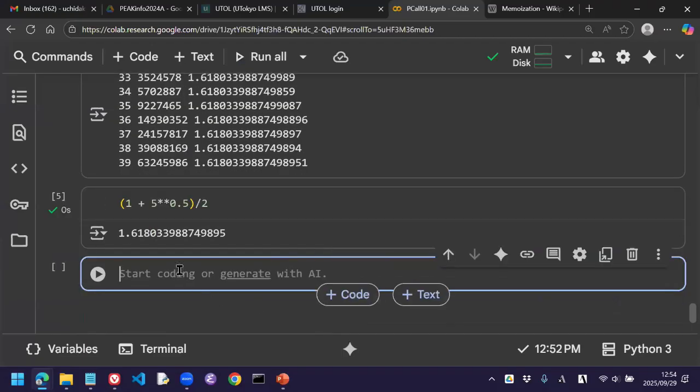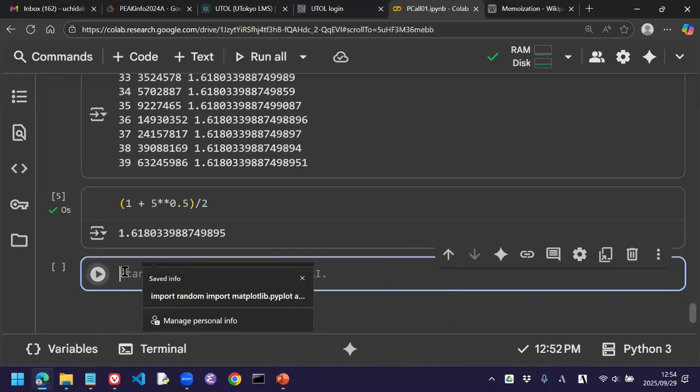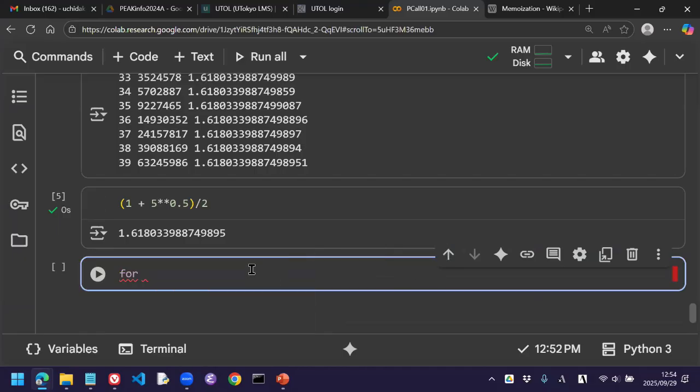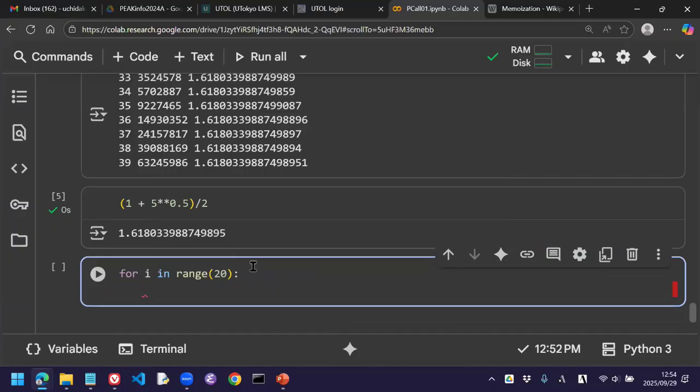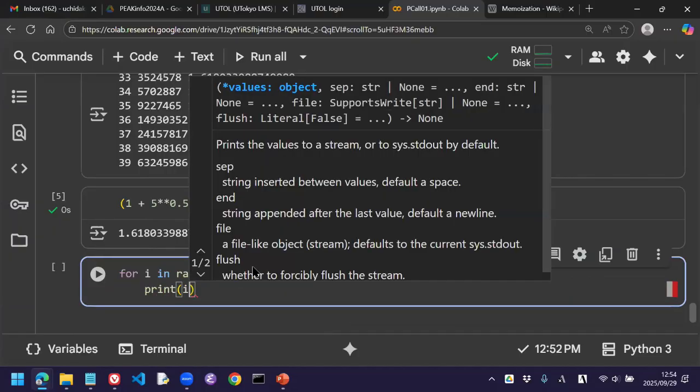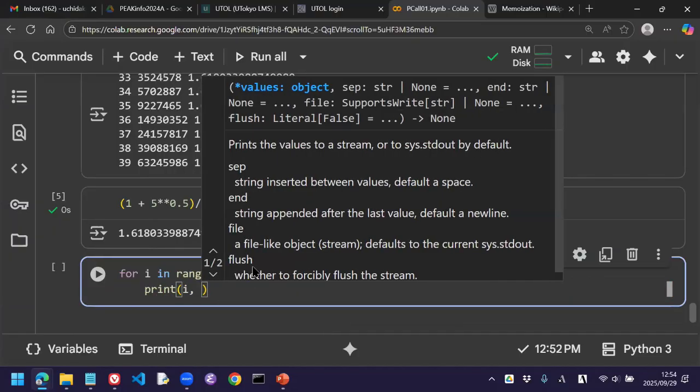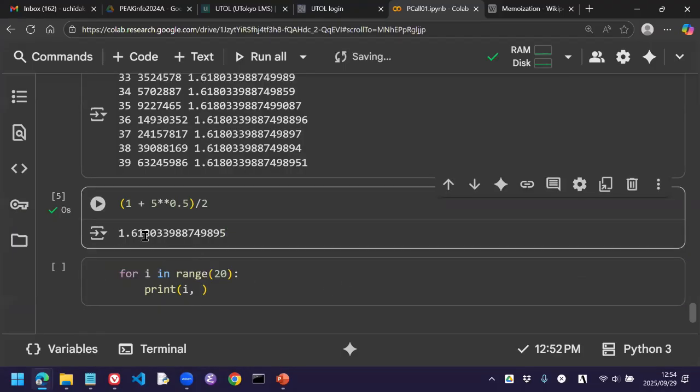So let's try this for, again, n equals i in range 20. Let's write it this way. So print i, and what we have is, let's call this number phi.